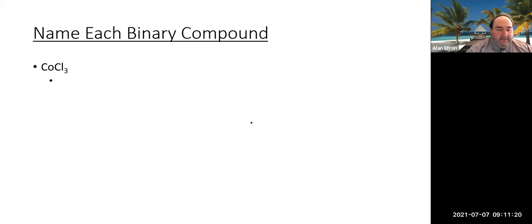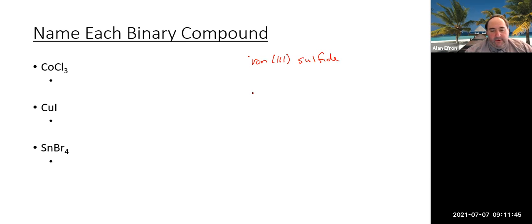So let's take a look at some here. Why don't you give some names, and let me write some names and some formulas here to make sure. Let's do iron 3 sulfide.